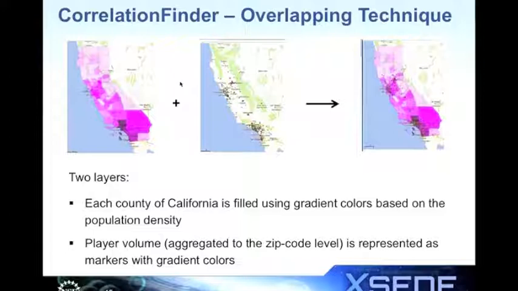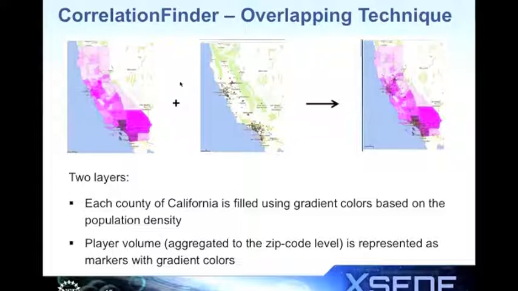The population density is shown on the background layer, here on the left of the graph. Each county of California is filled using a graded color based on the population density. The light purple color means lower population density, and the dark purple is the high population density.